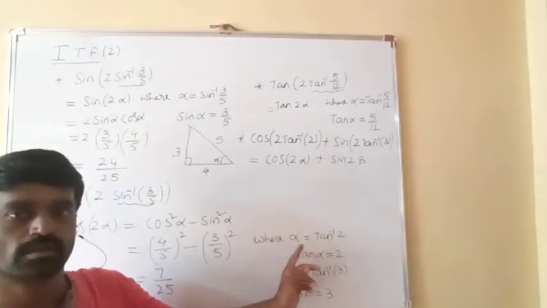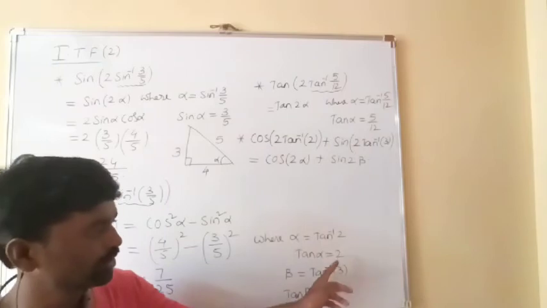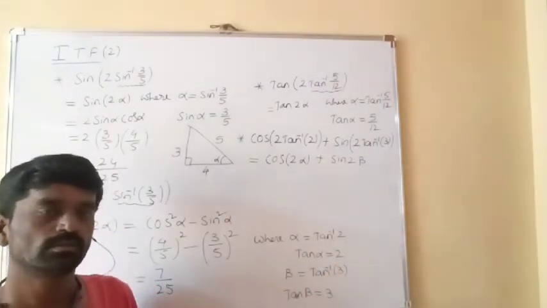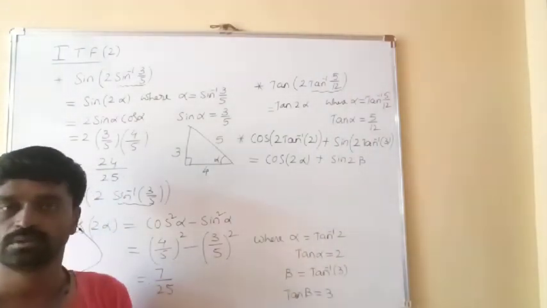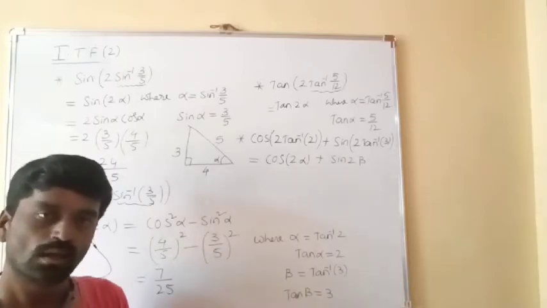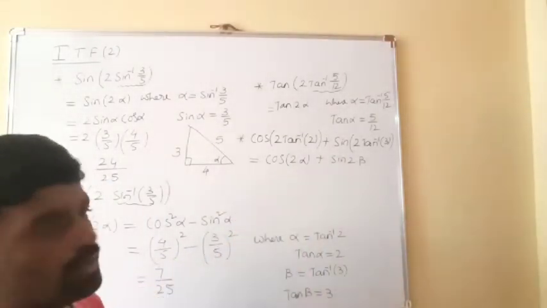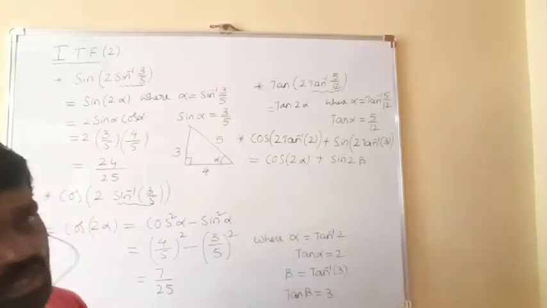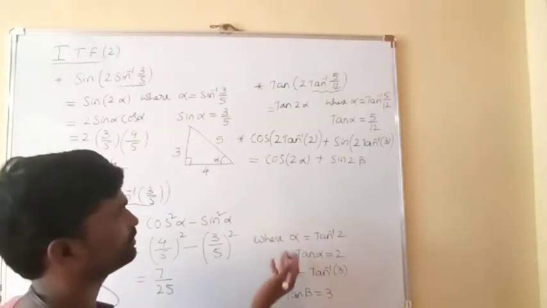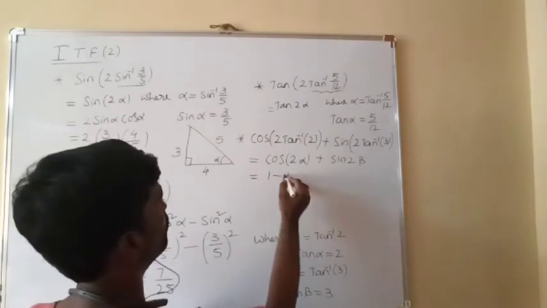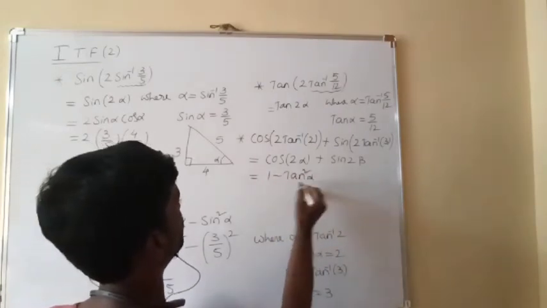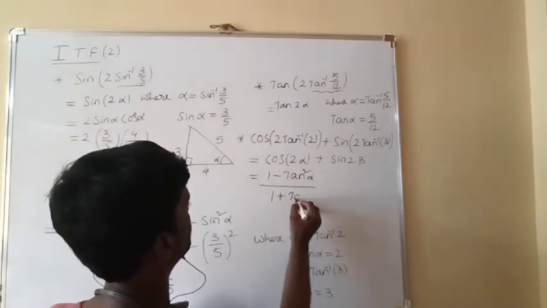With respect to this angle, you draw a right angle triangle by taking opposite as 2 and adjacent side as 1, because 2 can be written as 2 by 1. So 2 is opposite, 1 is adjacent side, root 5 becomes hypotenuse. Or better, you apply directly in terms of tan only, because you know the tan alpha value. So cos 2 alpha is 1 minus tan square alpha by 1 plus tan square alpha.